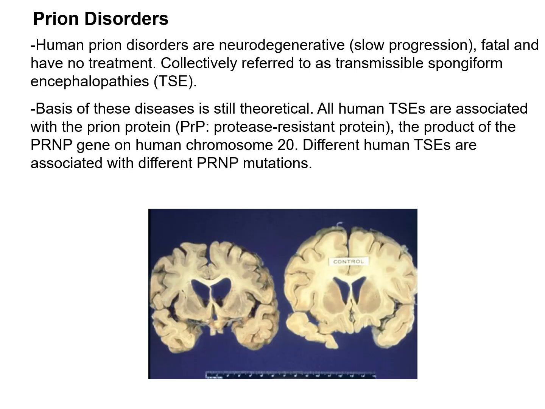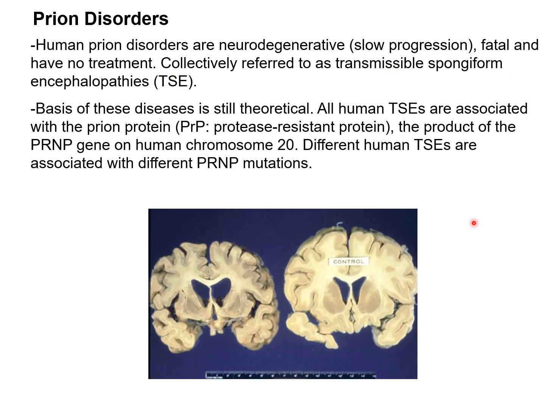The diseases caused by prions, all of them result in neurodegeneration. All of them are very slowly progressive diseases, so they take a long time to manifest. These are fatal, and we don't know of any treatment that has been successful to date. All of these diseases, the ones caused by prions, are called TSEs, which stands for transmissible spongiform encephalopathies.